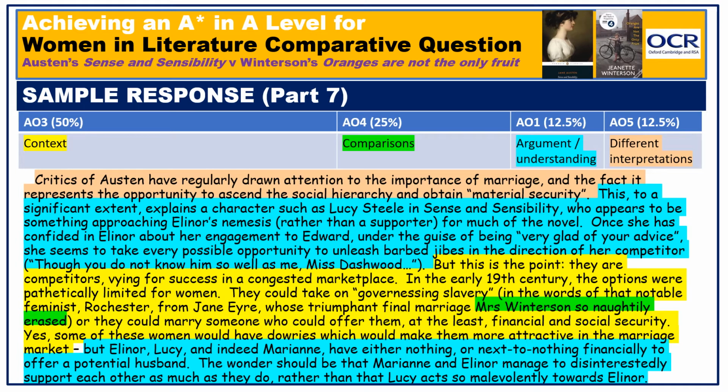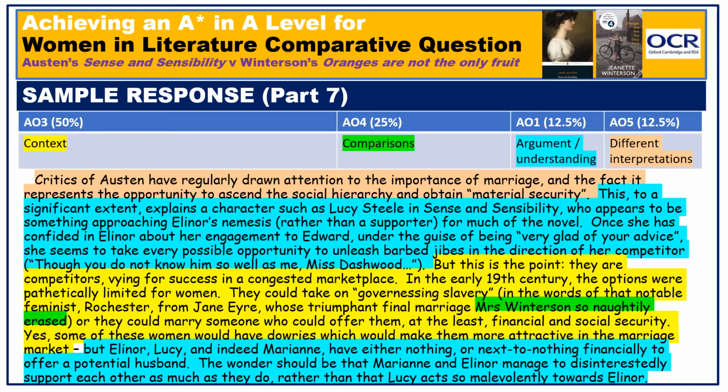Critics of Austen have regularly drawn attention to the importance of marriage and the fact it represents the opportunity to ascend the social hierarchy and obtain material security. This, to a significant extent, explains a character such as Lucy Steele in Sense and Sensibility, who appears to be something approaching Eleanor's nemesis rather than a supporter for much of the novel.